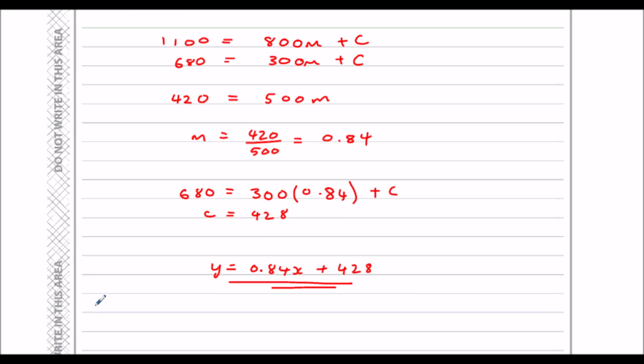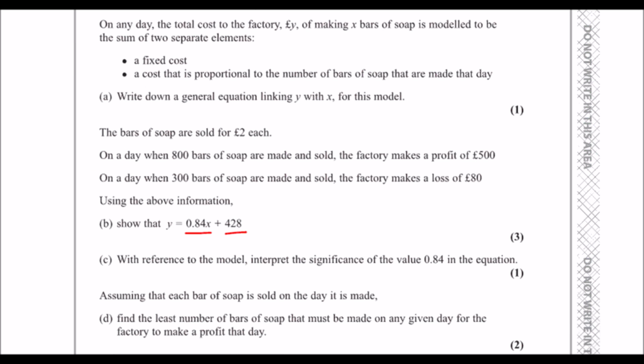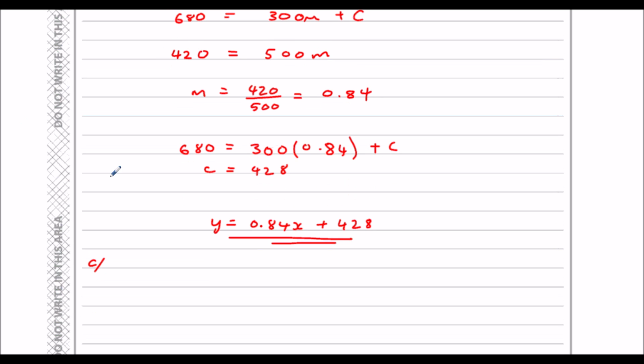So part C, I think. So it's the variable cost of producing each extra bar of soap.